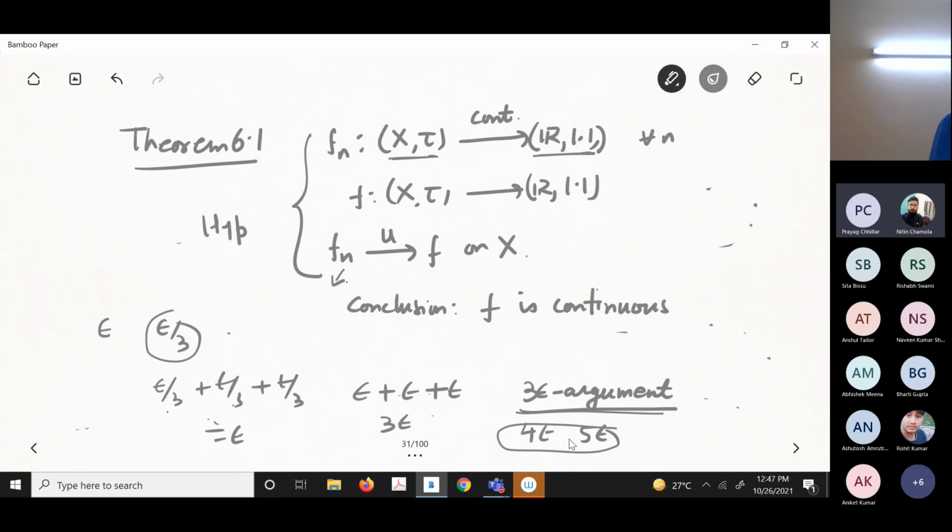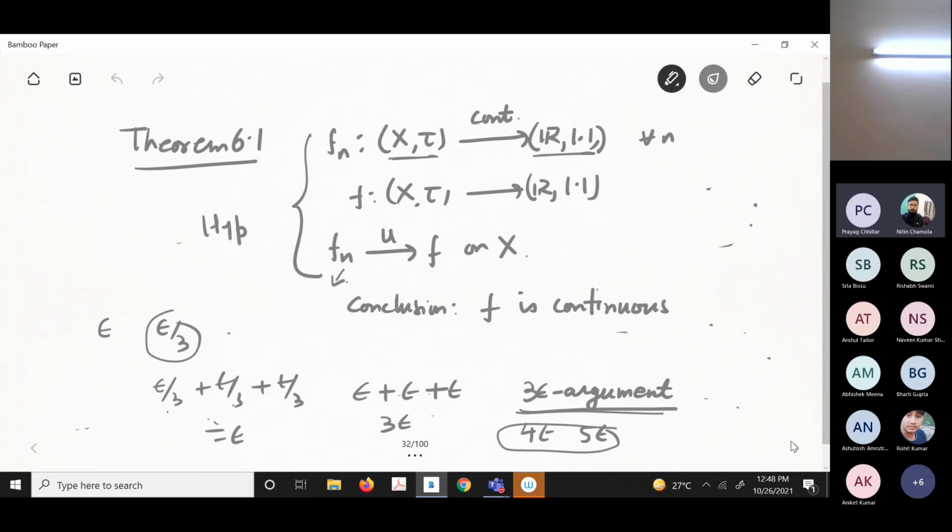Actually, you are splitting into 2 parts. That's why you are taking epsilon by 2, epsilon by 2, so that you end up with epsilon. Basically 2 pieces. Here we have 3 pieces. Once you understand that technique, it will be simple.